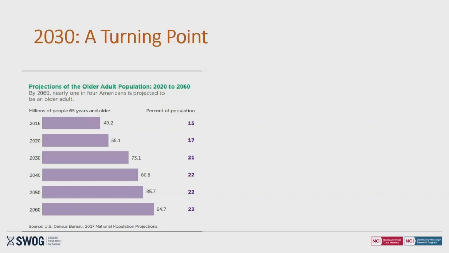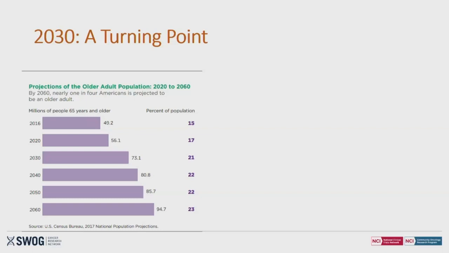So as a result, the share of people aged 65 and older will grow from about 15% of the population in 2016 to about a quarter of the population in 2060. That means 1 in 5 Americans, a little bit more than 1 in 5, is projected to be retirement age.